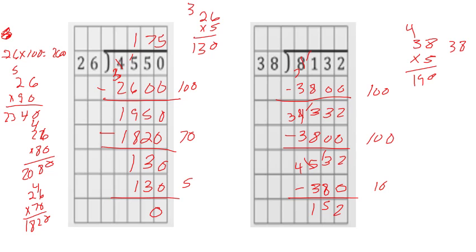So 38 times 4, that'd be 152. So we know this is a multiple of 4. So add them up, we end up with 214 as our quotient.